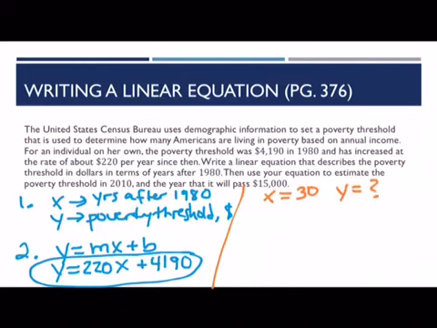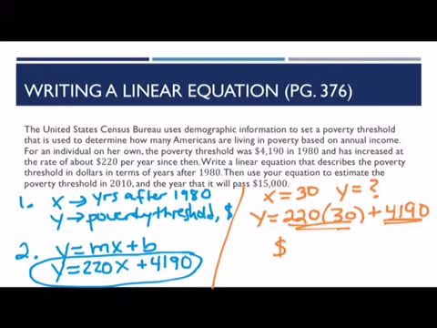Poverty threshold is y. So we're given an x and asked to find a y. So we'd have y equals 220 times 30, since x is 30, plus 4190. If you multiply 220 times 30 and then add 4190, that gives $10,790. That's the poverty threshold in 2010.